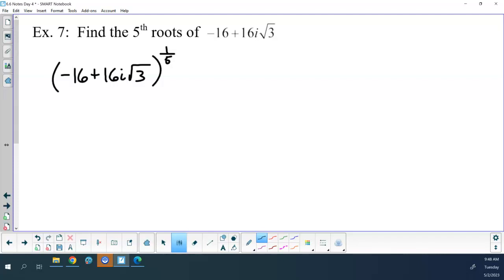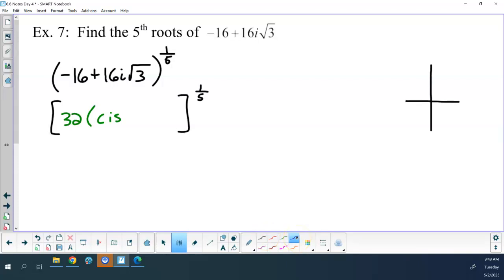What was step number 2? Trig it. What is negative 16 plus 16i square roots of 3 in trig form? 32 is my R value. Coming over here, we're going negative 16.